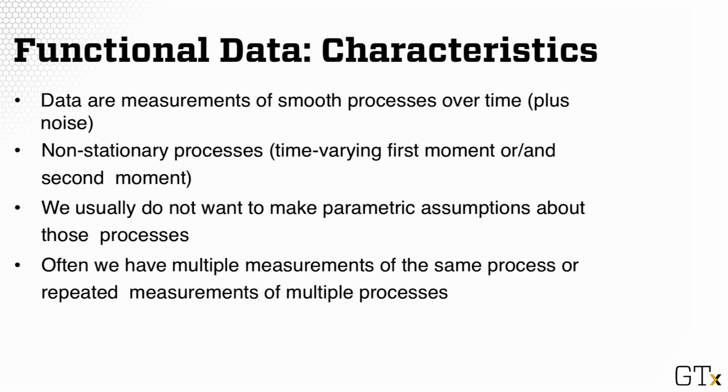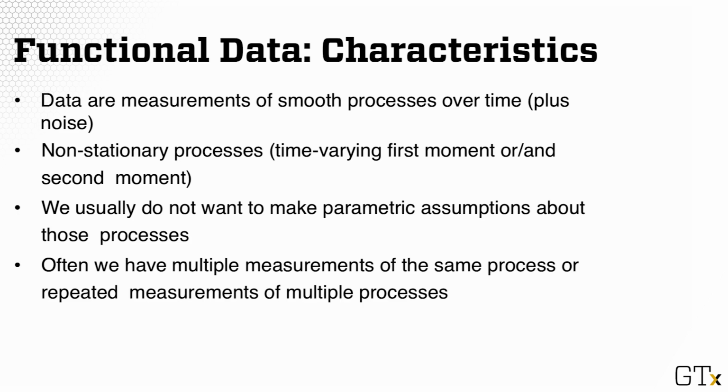General characteristics of functional data are as follows. Functional data are measurements or realizations of smooth processes over time plus noise, thus with no drastic change points or discontinuities. They are commonly non-stationary processes with time-varying first moment or second moment. And in fact, the focus is on estimation of the first and or second moments of the generating functional process.